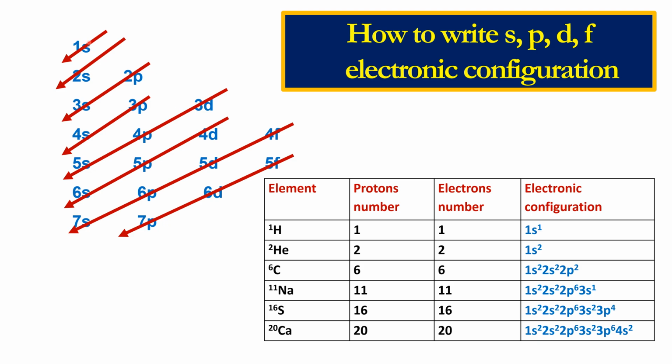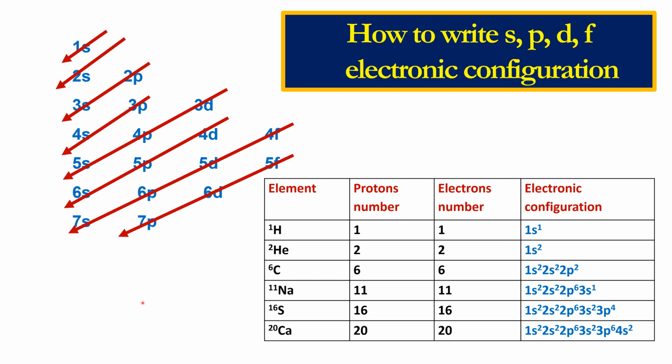So we start from 1s, 2s, 2p, 3s, 3p, 4s, 3d, 4p, 5s, 4d, 5p, 6s, 4f, 5d, 6p, 7s, 5f, 6d, 7p. So simply following the directions of these red arrows.